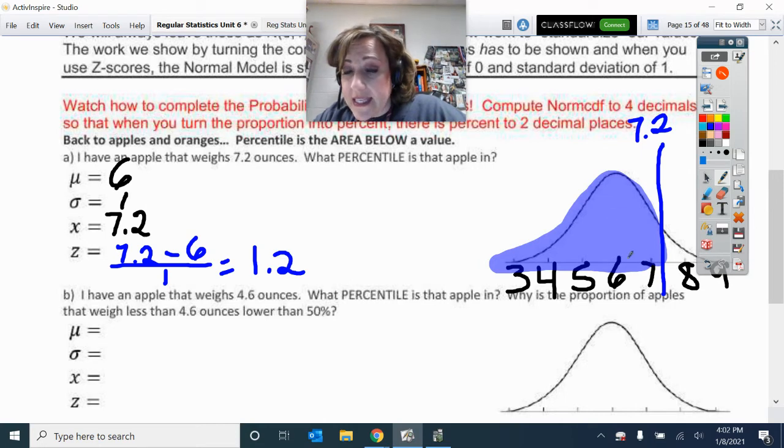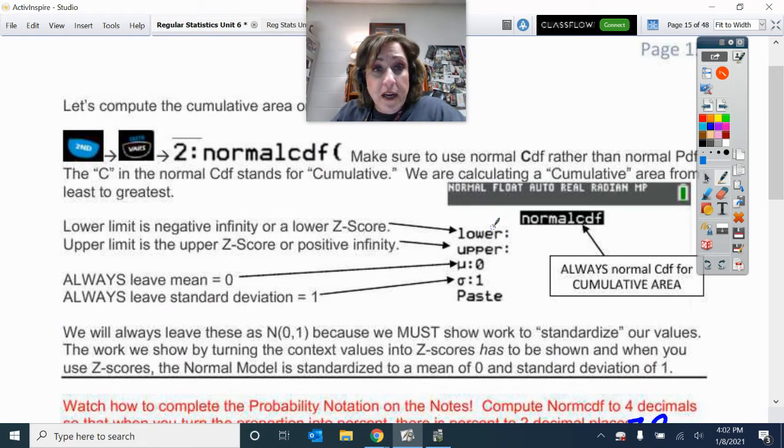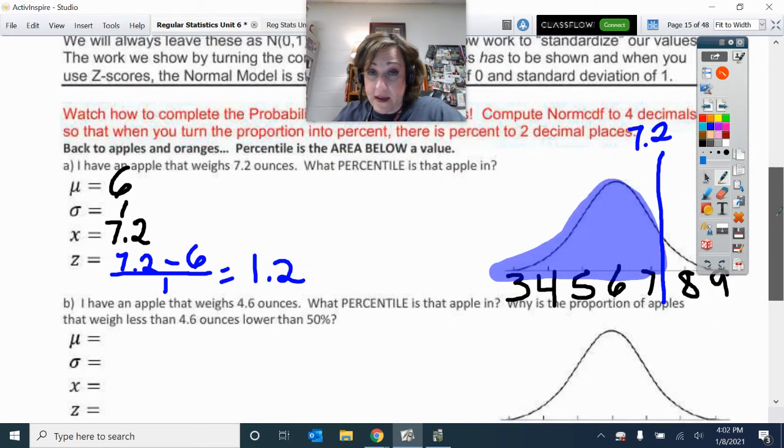So you can see that I drew my line 1.2 standard deviations above the mean. Okay, now to compute this area, we're going to do a norm CDF from the lower area up to the upper area. So let's talk about that.